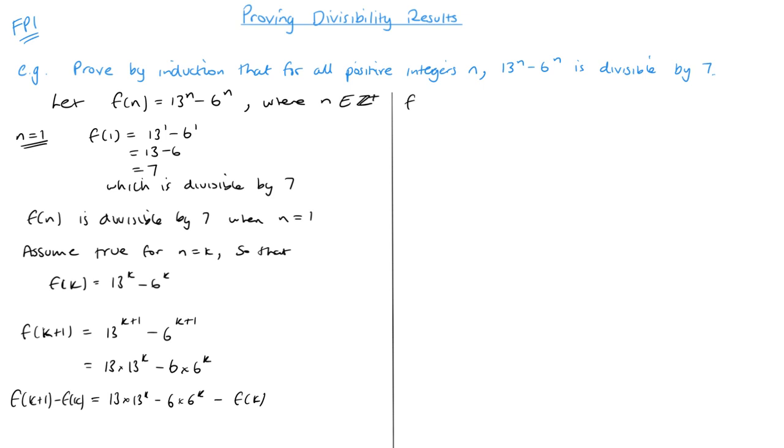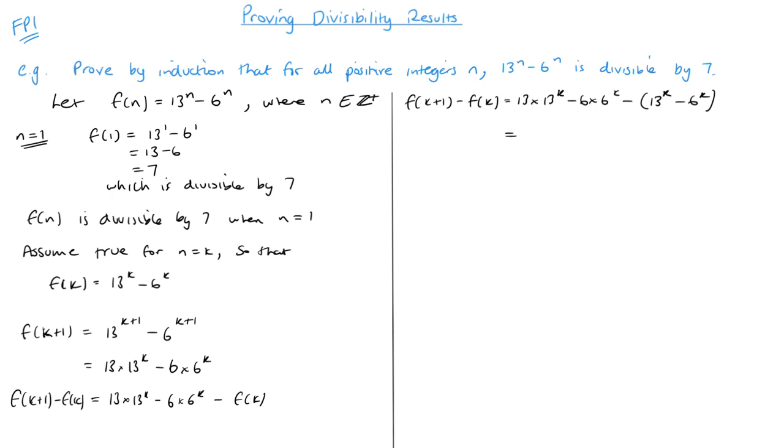So f of k plus 1 minus f of k is 13 times 13 to the k minus 6 times 6 to the k minus, now f of k is 13 to the power k minus 6 to the power k.